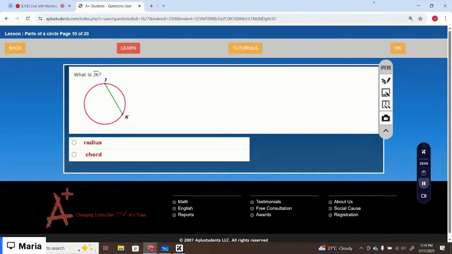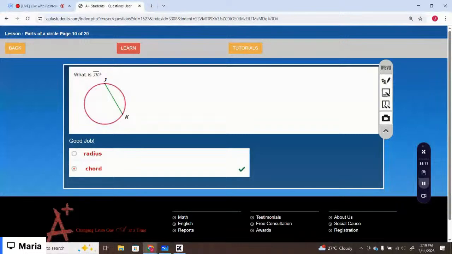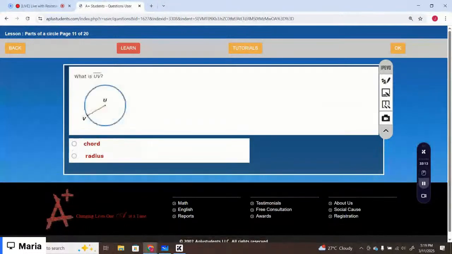Chord it is. Option number two is the correct option. JK is the chord. What is UV? That is radius.